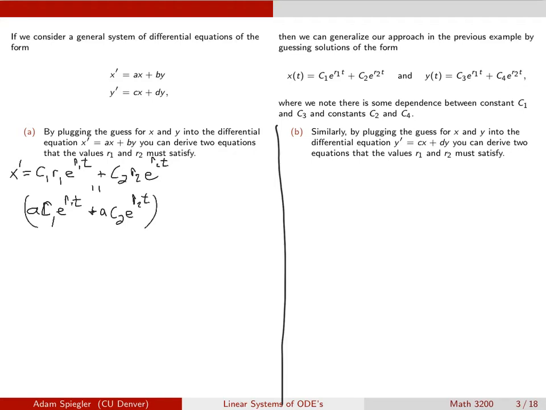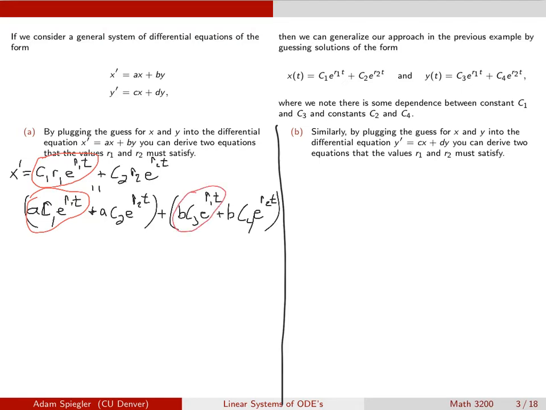And then I'm going to add to that b times our general solution for y. So I'm going to get b times c3 e to the r1t plus b times c4 e to the r2t. And then, like we normally do, we'll group up our like terms. So let me group all of the e to the r1 terms.